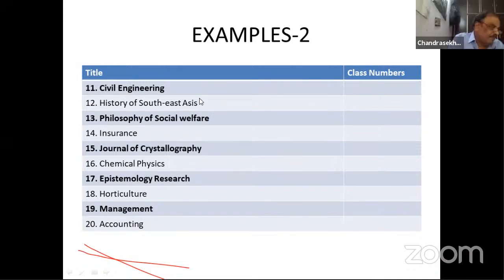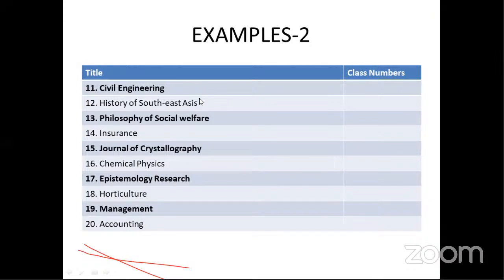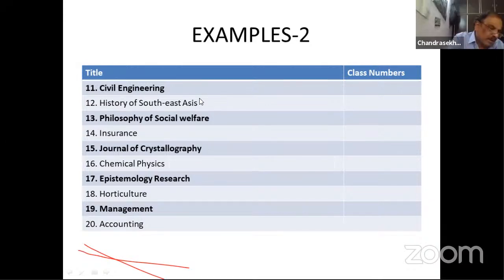If you have the time, you can check, or otherwise you just omit that one. Don't waste time in such cases. Maybe this title may be given as chemical weapons, chemical... No, it's not there even here.